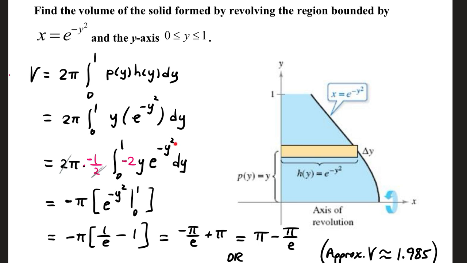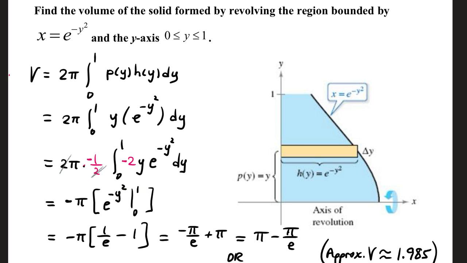Due to the chain rule, the derivative of the power is negative 2y. Well, we've got our y, but we don't have the negative 2. So it's okay to multiply in a constant. You just have to rebalance with its reciprocal. The 2 and the half will reduce to a negative pi. Integrating, we get e to the negative y squared, evaluated at 1 and 0.